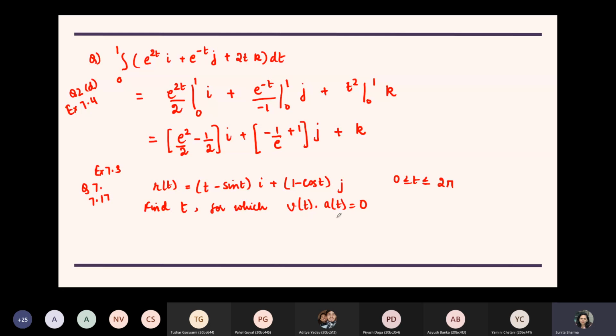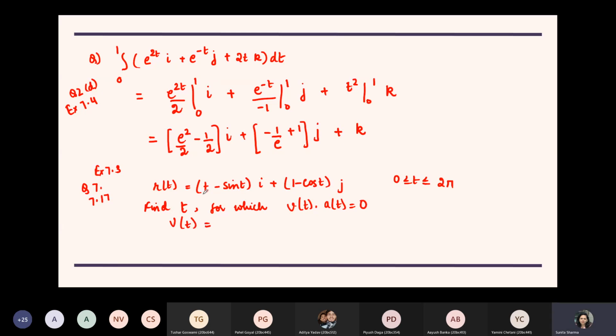Then find out their dot product. It will be in terms of t, and then you have to equate it to 0. Okay, dot product will be a scalar. It will no longer be a vector. Then you equate that expression of t to 0, and you will get the value of t. Okay. So let us do this.